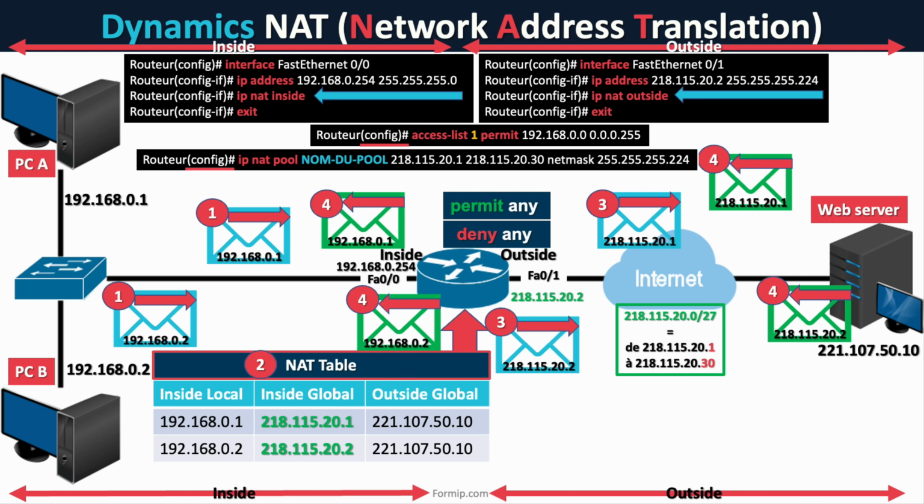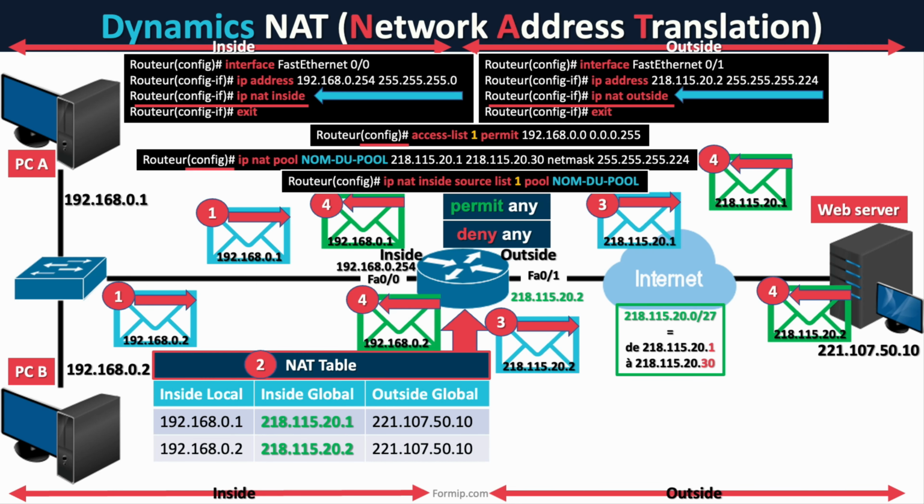As with static NAT, don't forget to tag our input-output interfaces. As a reminder, the ip nat inside command marks the interface as connected to the inside network, and ip nat outside marks the interface connected to the outside network.